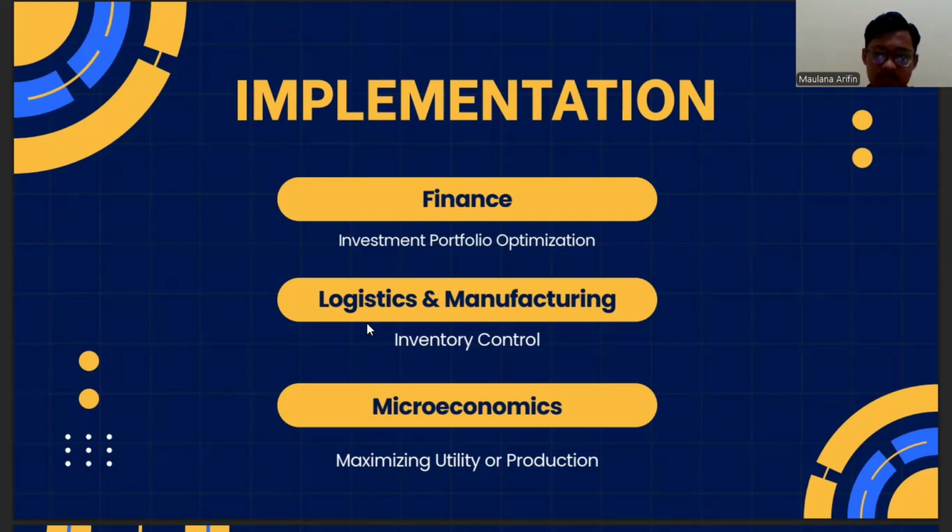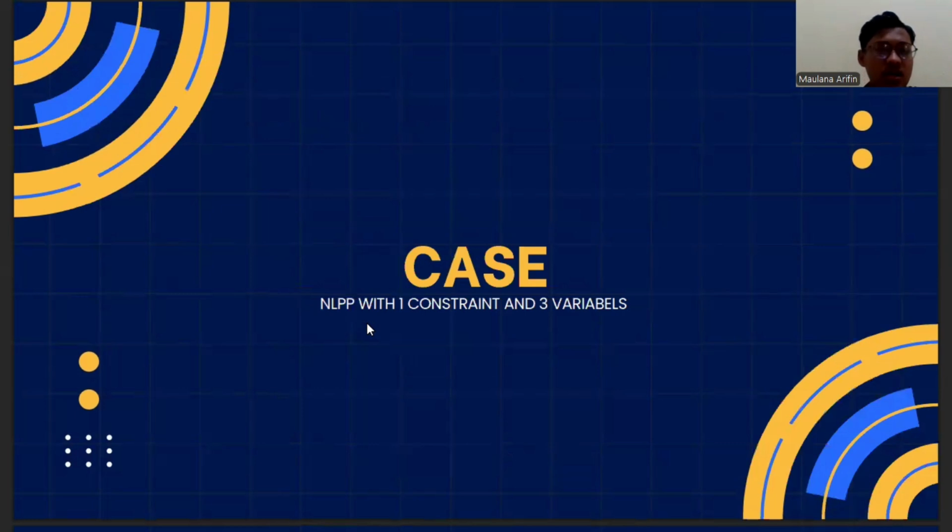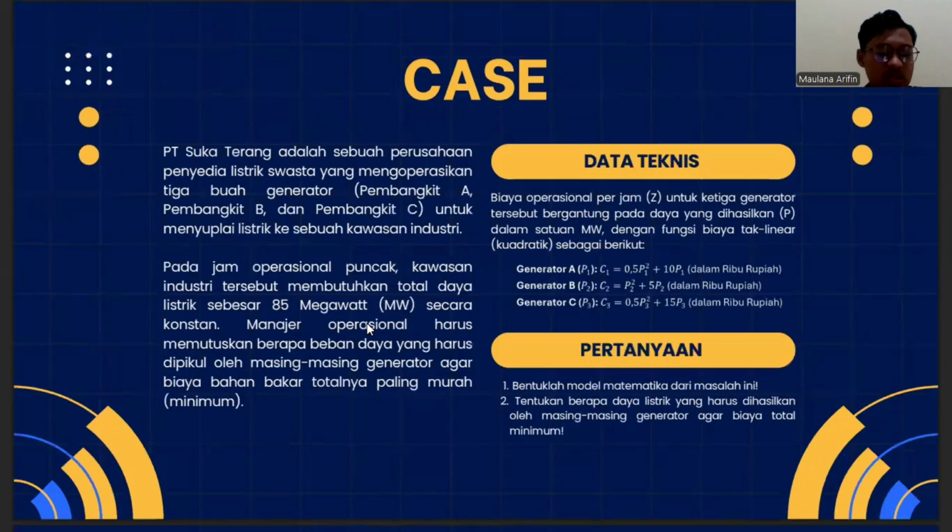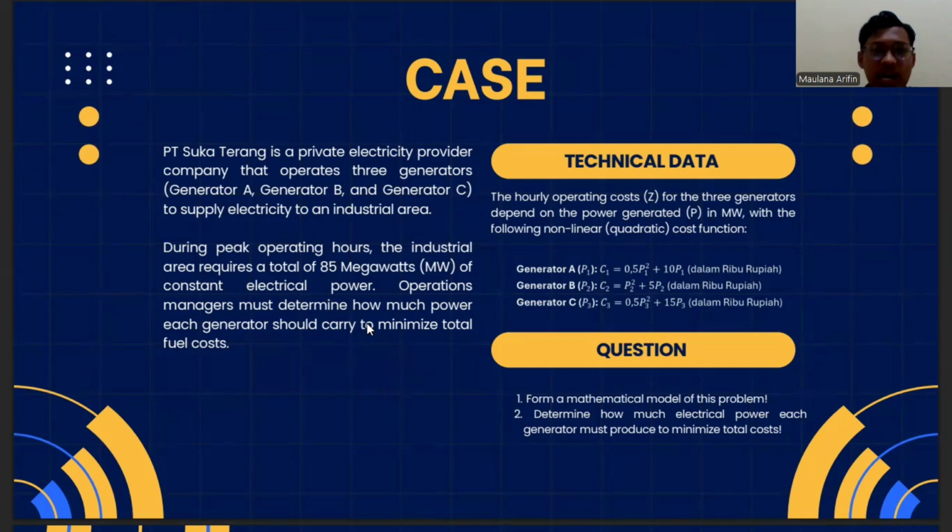Okay, next is the case in NLPP with one constraint and three variables. To make this concrete, let's take a case study from PT Sukaterang. PT Sukaterang is a private electricity provider company that operates three generators, A, B, and C, to supply electricity to an industrial area.